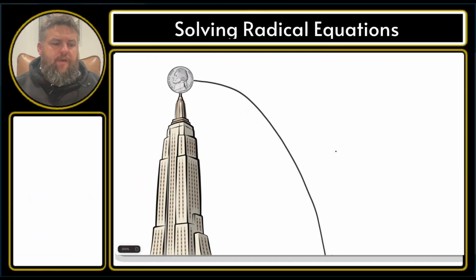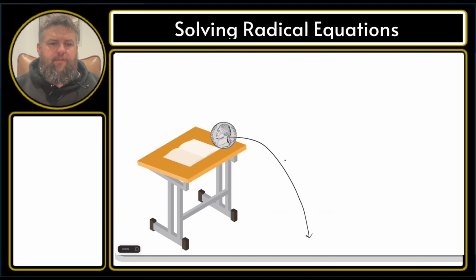Okay, so let's bring it back to our situation from the very beginning where we talked about a nickel falling off of the Empire State Building. But instead of an Empire State Building, let's make it a table instead. So we're going to use the following formula to represent the situation.